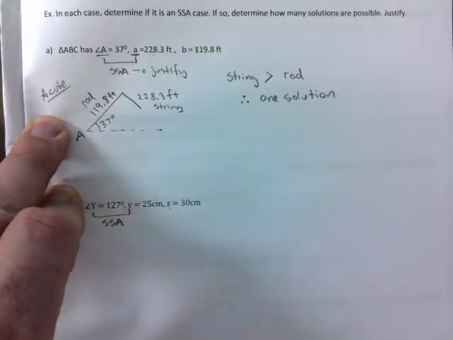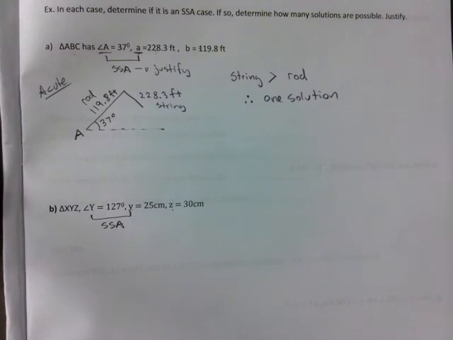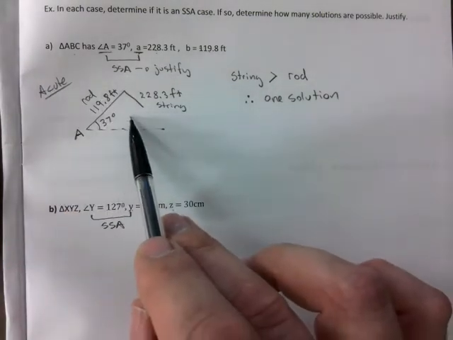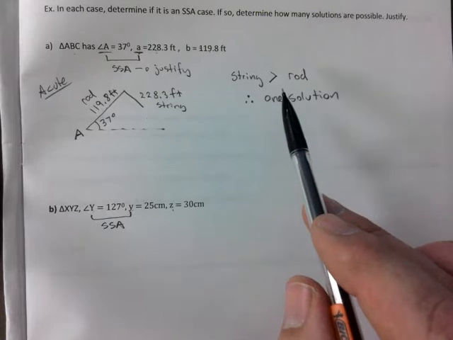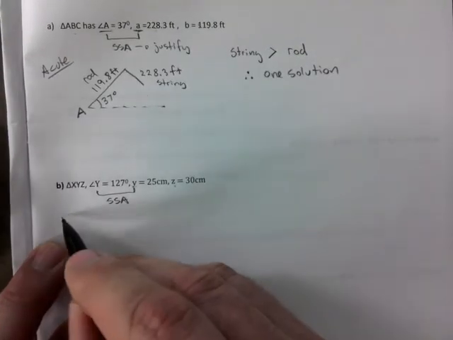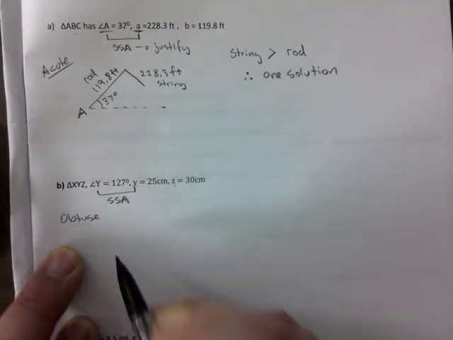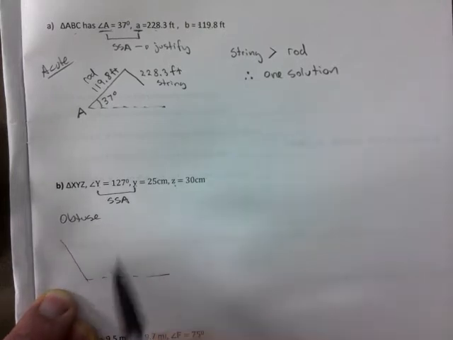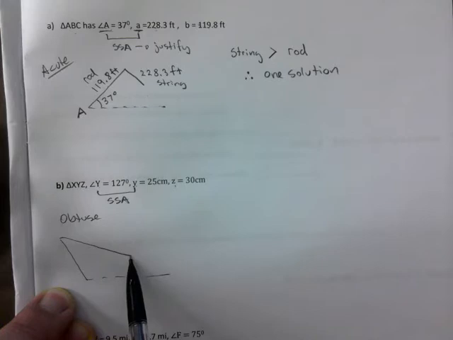Okay, that is actually the first thing. After SSA, you need to determine what it is, right? SSA, acute, it needs to look like this. And then I go through the motions, right? SSA, obtuse, so you caught one. It's going to look like this, right?